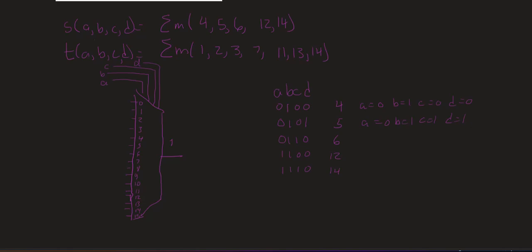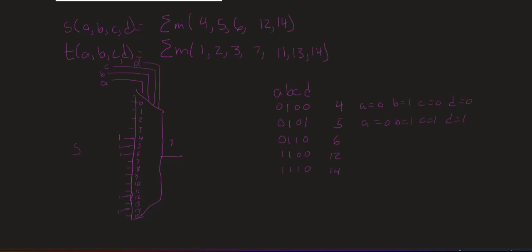And so if I wanted to implement function S, then I would put a 1 onto 4, 5, 6, 12, and 14. So that would be function S, and that's how you would do it.